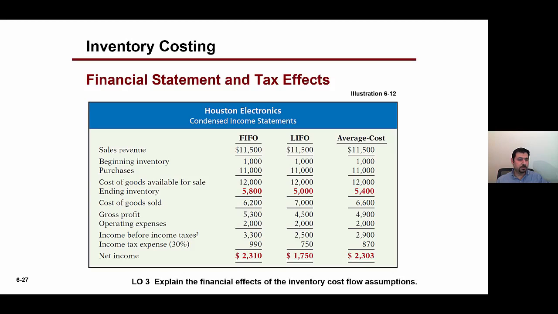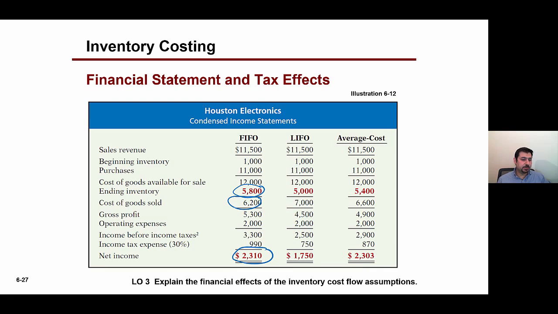If the company uses FIFO, FIFO usually leads to the highest ending inventory balance in the case of rising prices. So in the case of inflation, when prices are rising, FIFO will give the highest net income, and at the same time the company will have the lowest cost of goods sold.